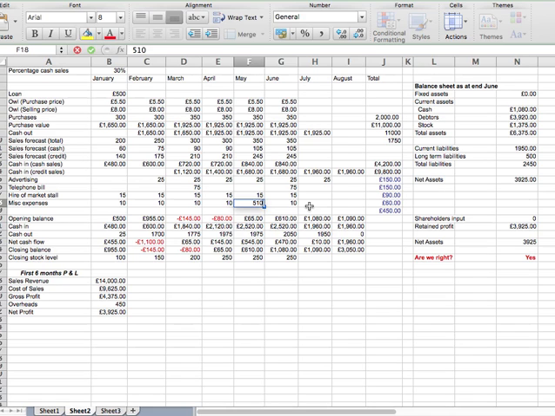So what I would expect to see is that the closing balance here drops by 500, so this one will also drop by 500. The overheads, because it's charged to overheads, will go up by 500, so the profit will go down by 500. That means the retained profit goes down by 500, but the cash also goes down 500, so these two should both go down by 500.